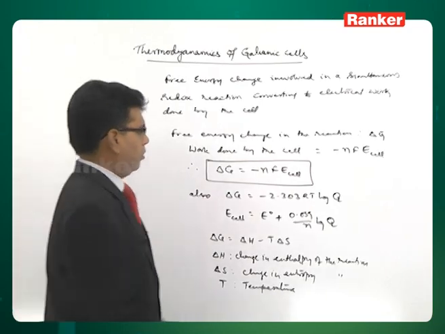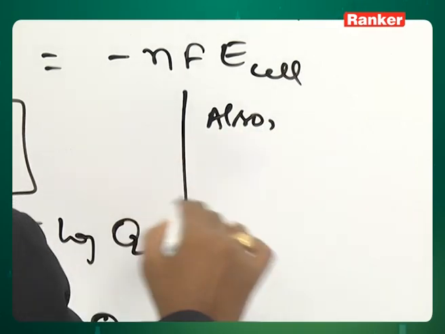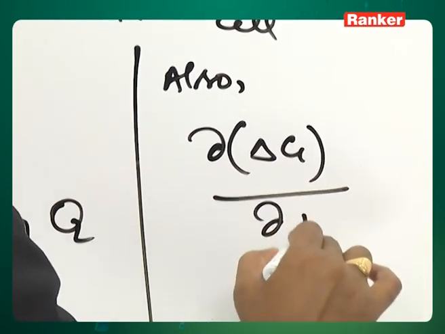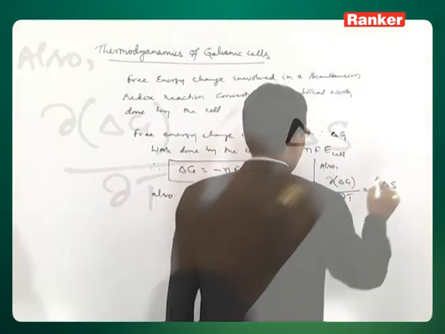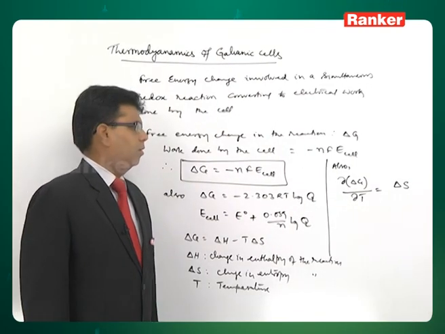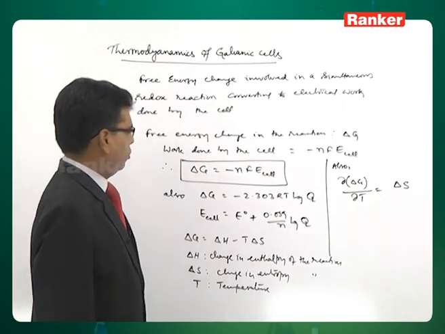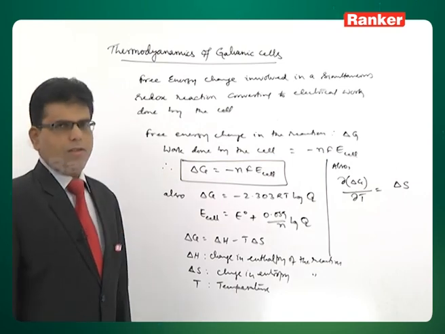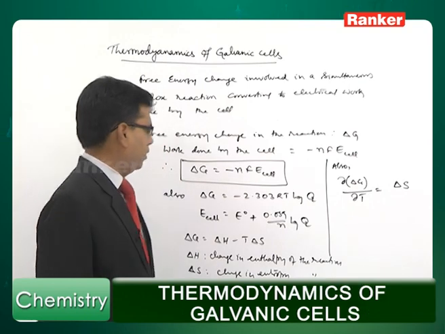So, also in thermodynamics we have dou delta G by dou T is equal to delta S. Dou delta G by dou T is equal to delta S, that is change in entropy. So, using all this we can get a relation for the EMF versus other thermodynamical properties.